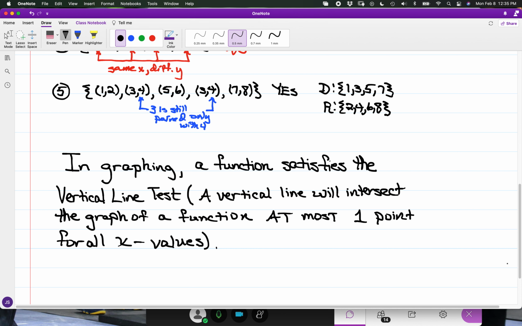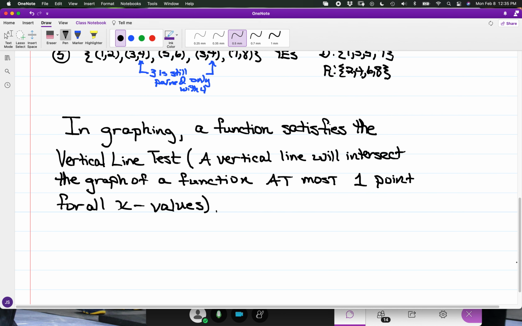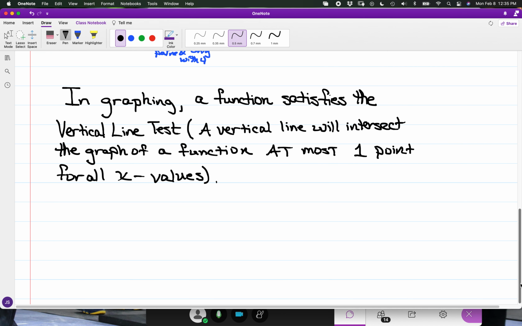This might seem a bit wordy, but a vertical line will intersect the graph of a function by at most one point for all x values. And I'll give you some examples as well as examples of non-functions.